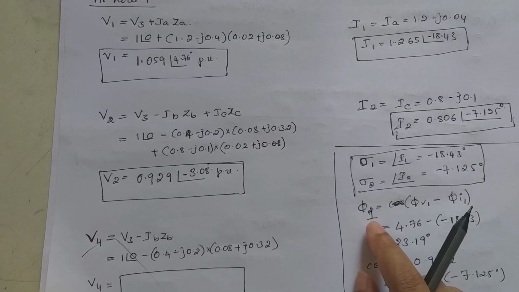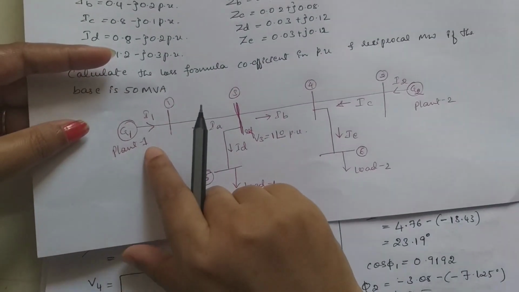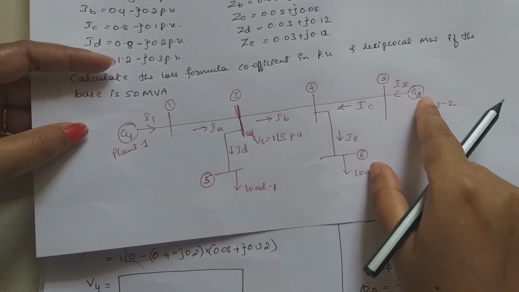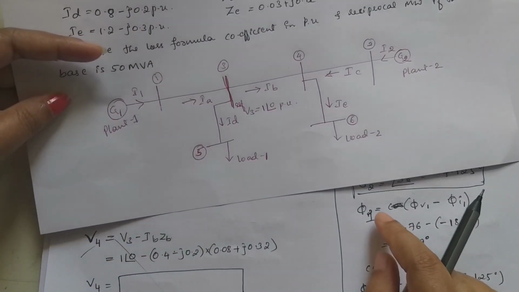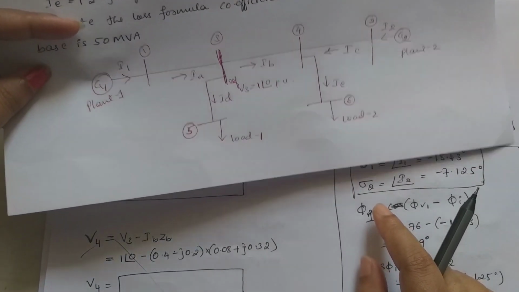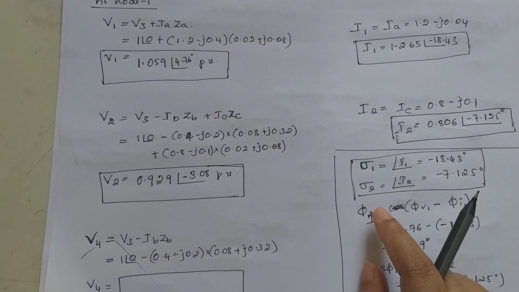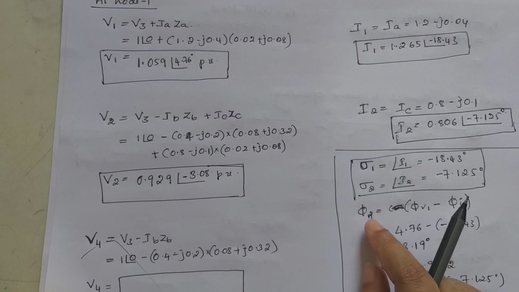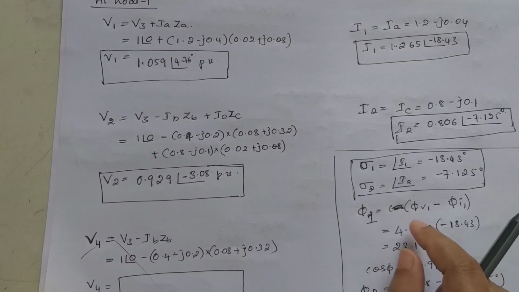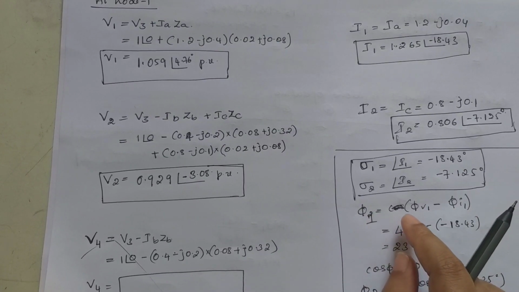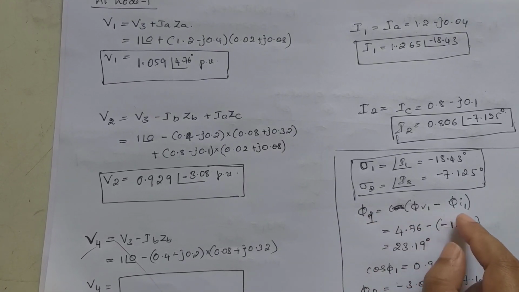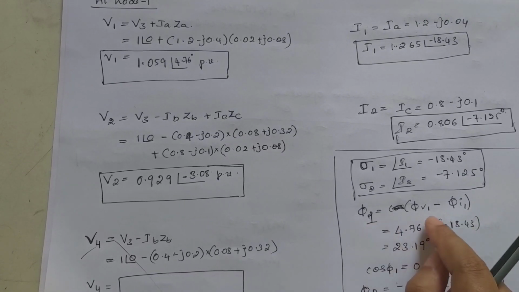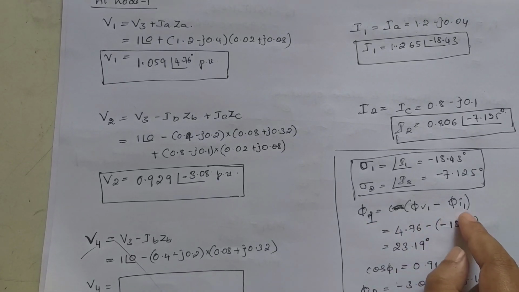Here m is equal to 1 and n is equal to 2 because two generators are connected. So we need to find out the values of phi 1 and phi 2. What is phi? It is an angle, right? Cos phi is the cosine of the angle between voltage and current. So phi is phi v minus phi I. So phi 1 is equal to phi v1 minus phi I1.